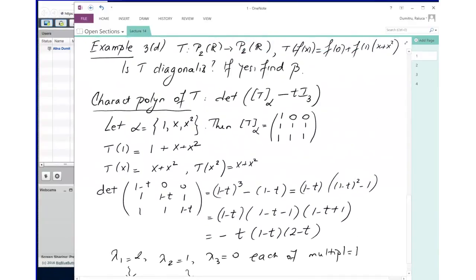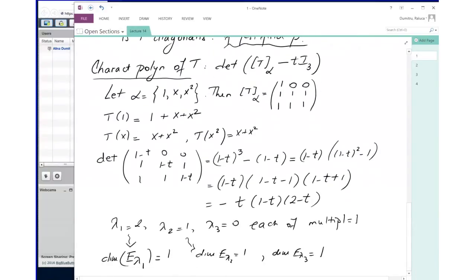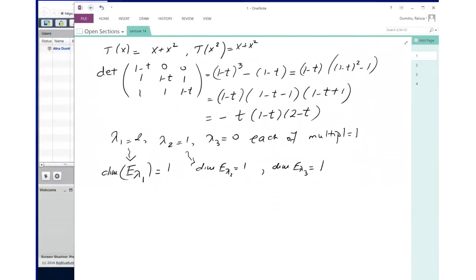Let's continue. Actually, the question is asking you to, if yes, find beta, right? So who is beta, the basis of eigenvectors? Or how do we find it at least? Well, I need one non-zero vector from E lambda 1, a vector from E lambda 2, and a vector from E lambda 3.